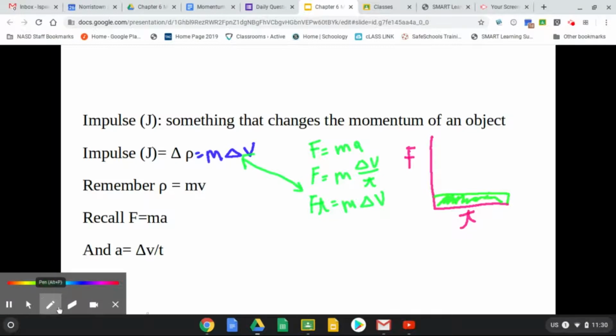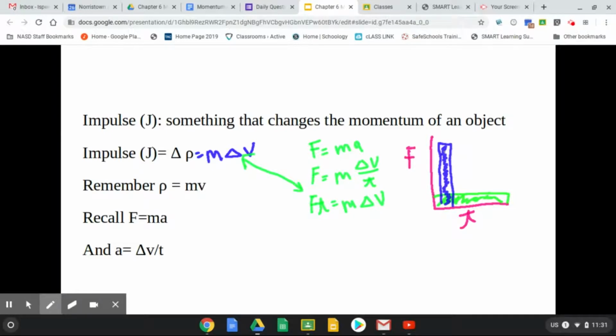You could also create that same impulse having a very large force acting over a short period of time. That will cause a change in momentum or an impulse. So either way, you get the same amount of impulse, whether it's a small force acting over a long time or a large force acting over a short time.